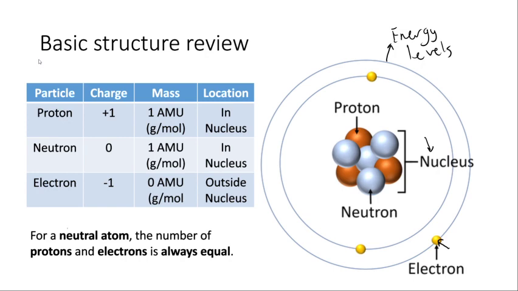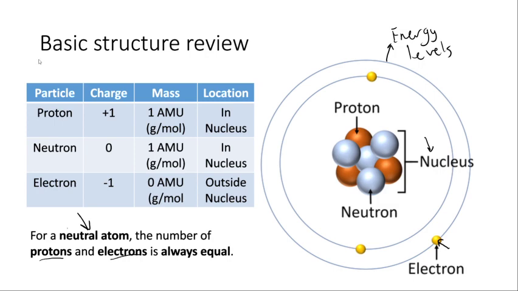So here is an important part that I did not talk about. For a neutral atom, one that does not have an overall charge, the number of protons and electrons will always be equal.